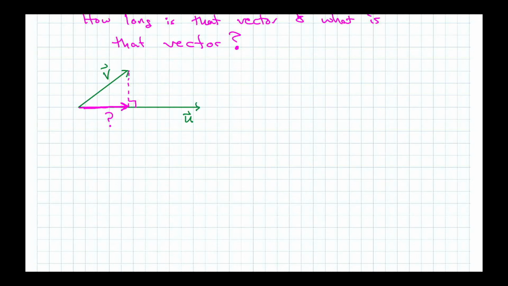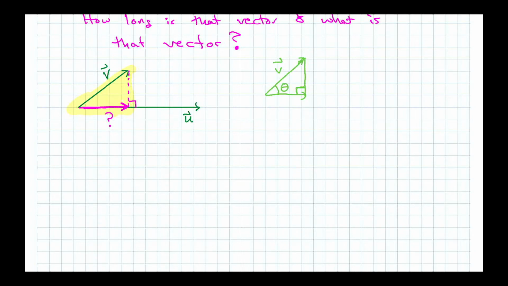So there's actually a little triangle here. If you think of that as a triangle, then you've got a V here. You've got this. Make sure those line up right. And you have this. And this is a 90-degree angle, right? And the only thing we know is that we've got the V here, but also you've got this theta.